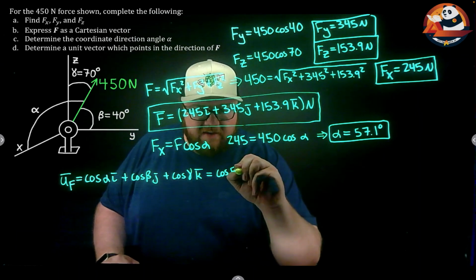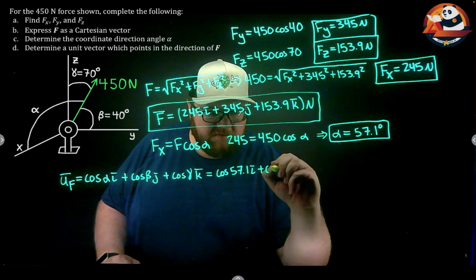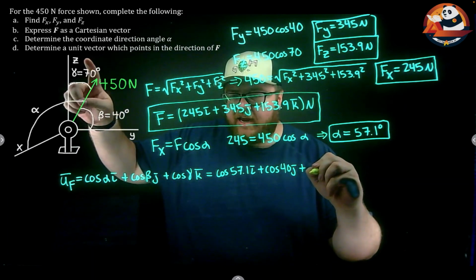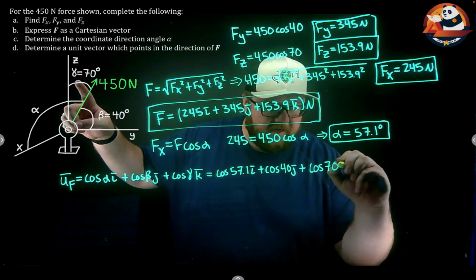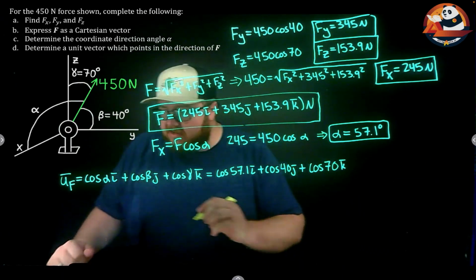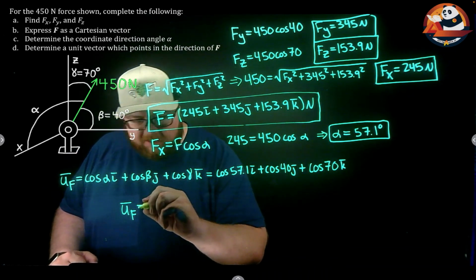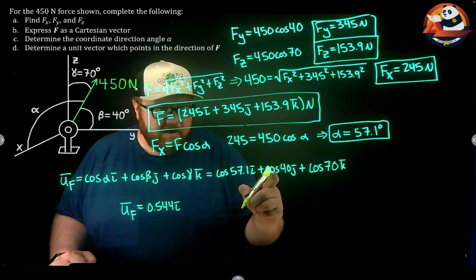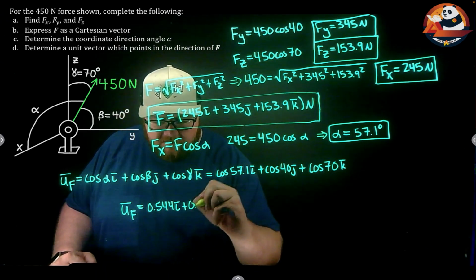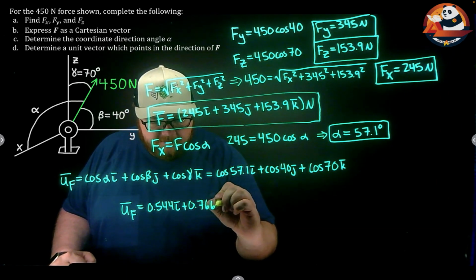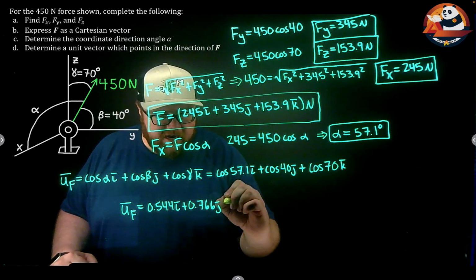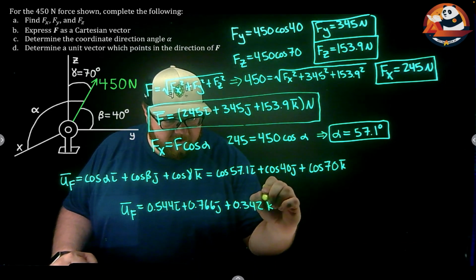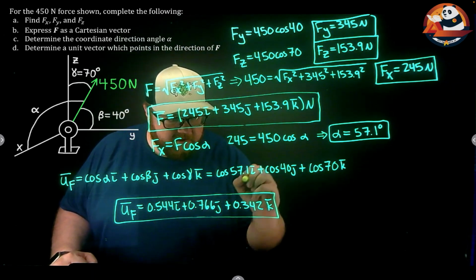Cosine of 57.1 I plus the cosine of beta 40 J plus the cosine of gamma 70 K. Or my unit vector, UF, should get me to 0.544 I, plus in the J direction, plus 0.766 J. And then finally, cosine 70 in our K is going to get me to plus 0.342 K, which would be my final answer for everything.